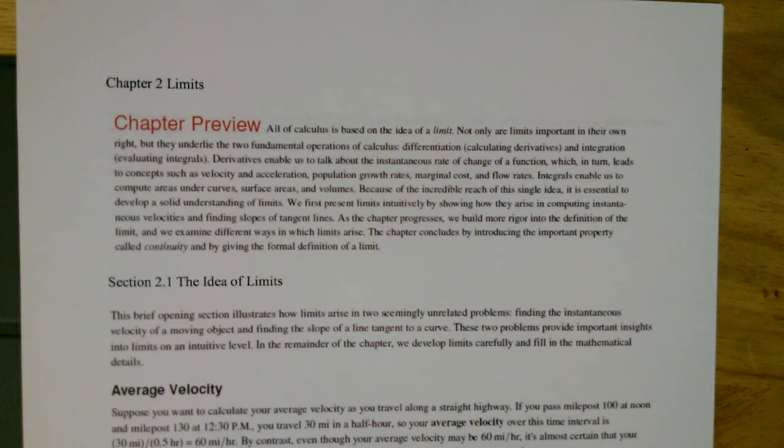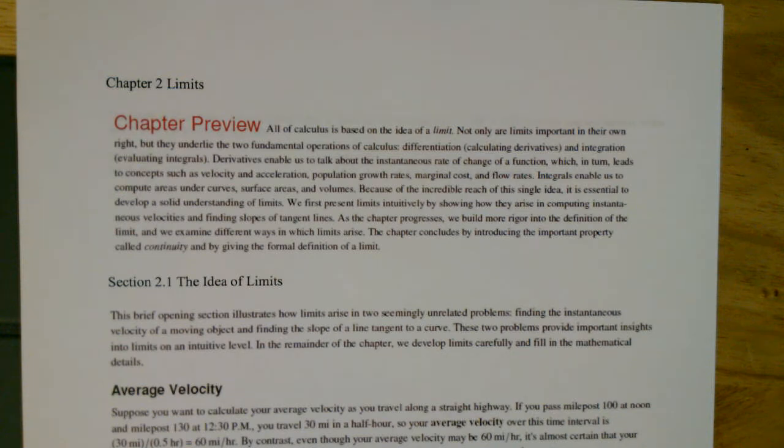Here we're going to first present limits intuitively by showing how they arise in computing instantaneous velocities and finding slopes of tangent lines. Then as we move on, we'll build more rigor into the definition of the limit, and we'll examine different ways in which limits arise. This chapter concludes by introducing the important property of continuity and by giving the formal definition of a limit.